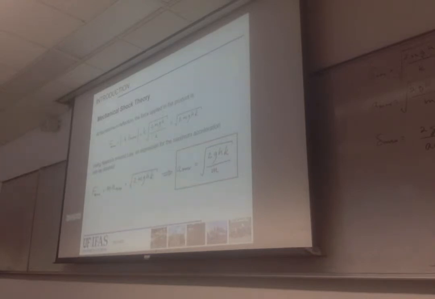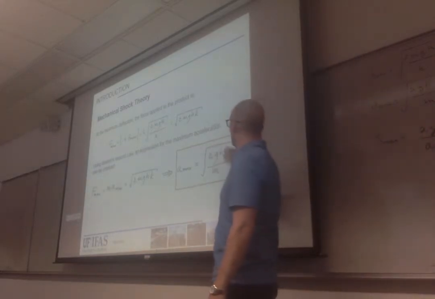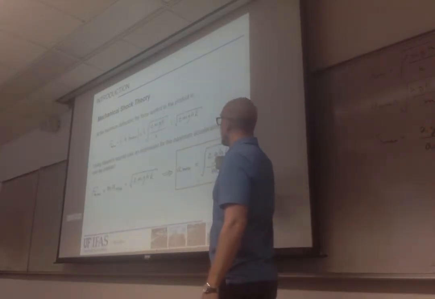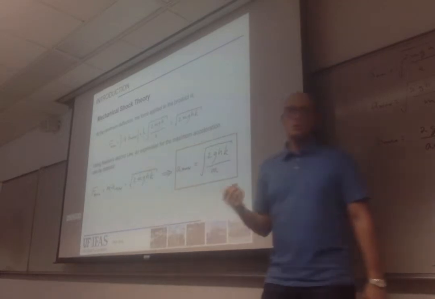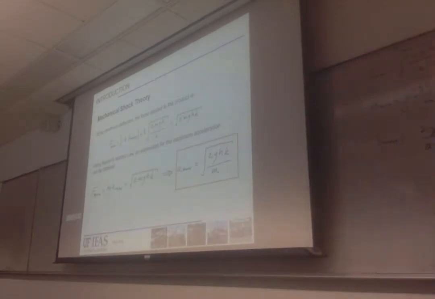The other term here in the equation is the property of your cushion or your spring, k, the stiffness of it. So it also indicates that the stiffer the cushion, the higher is going to be the maximum acceleration. Does it make sense? Yeah.